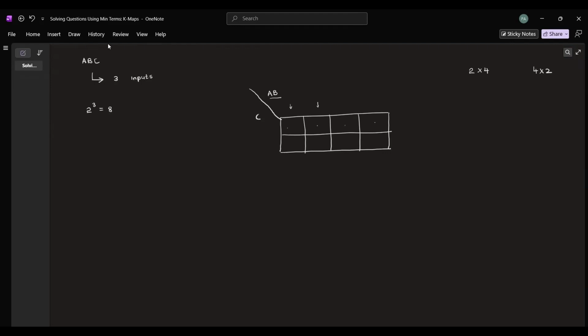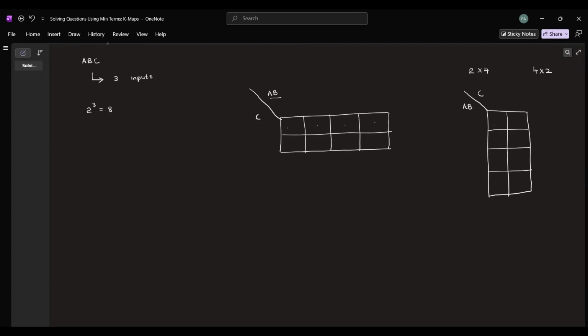If you had drawn this in the opposite direction, like 4 by 2, then the naming of the direction will also change, because we have 4 rows here. So we will go like this: AB here and C here.